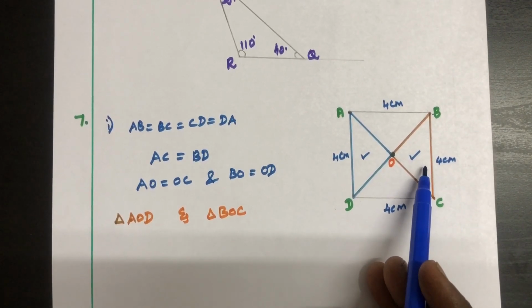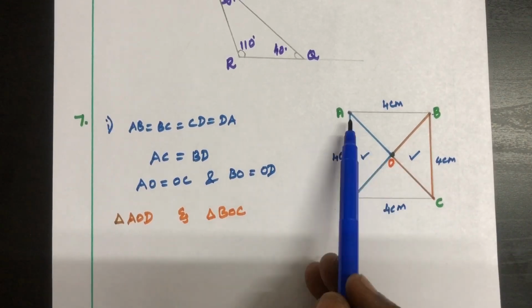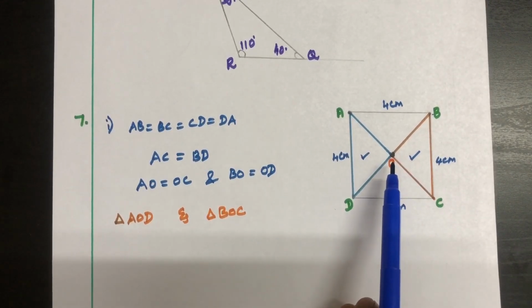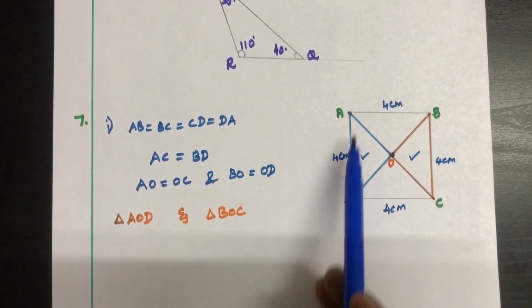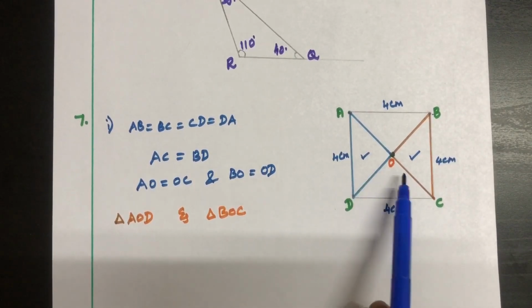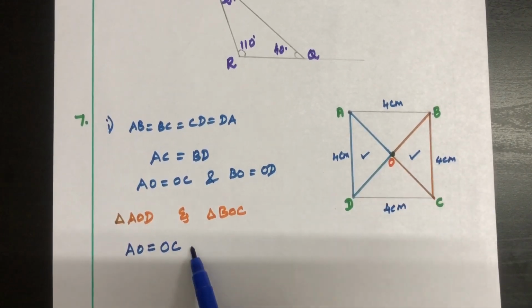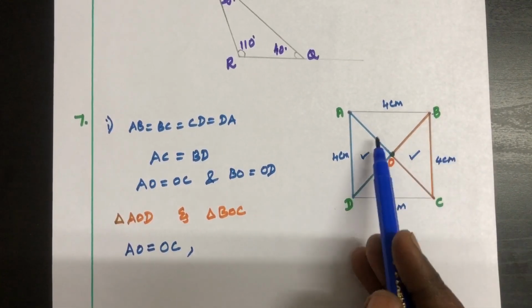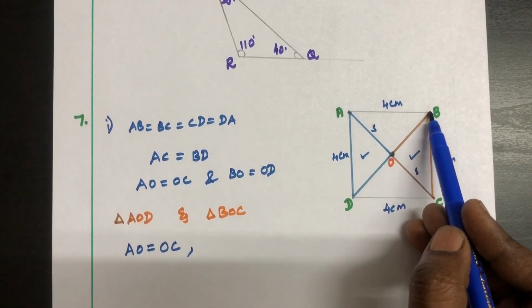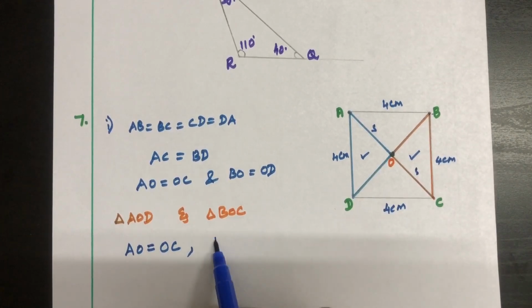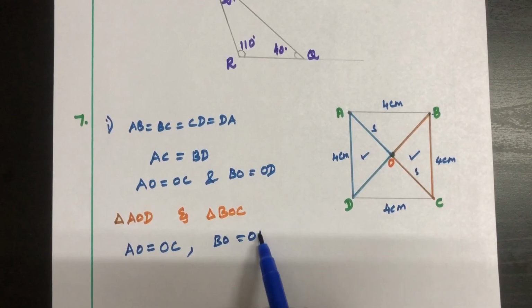By which way are they congruent? See, AO is equal to OC. Next, BO is equal to OD, one from this triangle and the other from the other triangle.